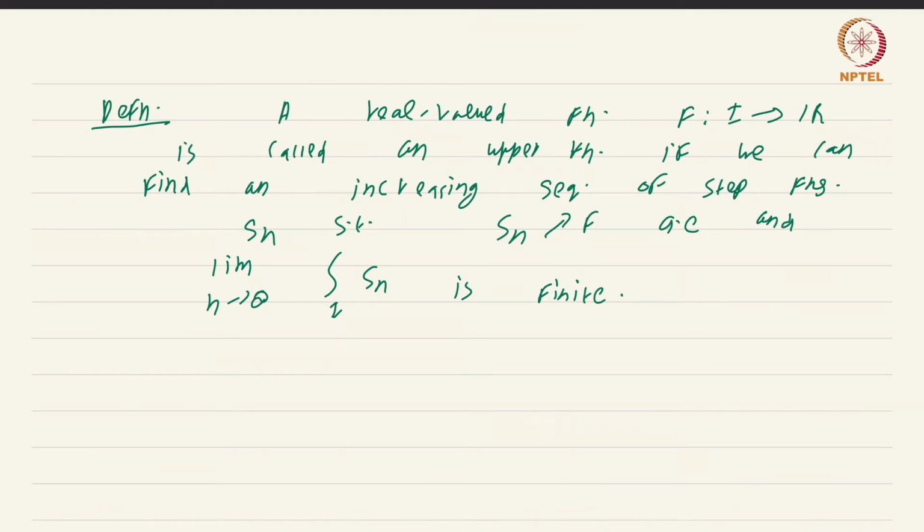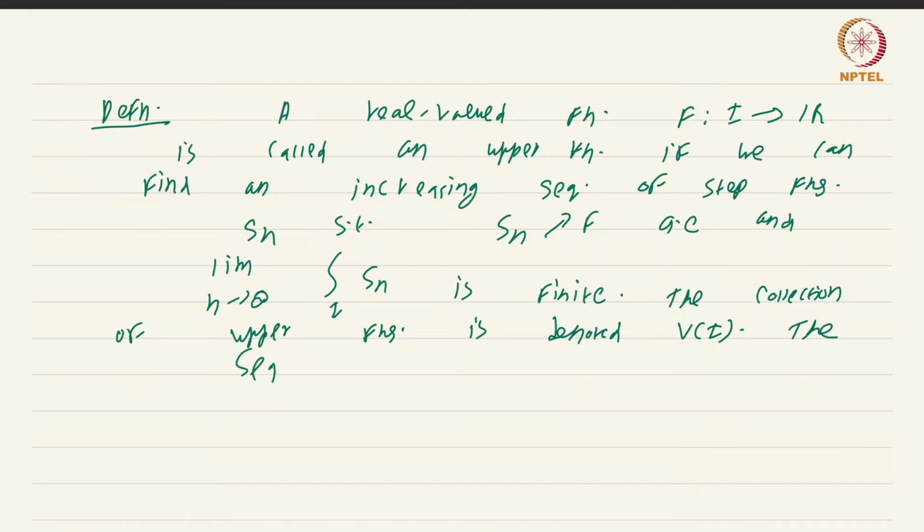If you can find a sequence of increasing functions which increase almost everywhere to f, then we say f is an upper function. The collection of upper functions is denoted U(I). The sequence Sn is said to generate f.